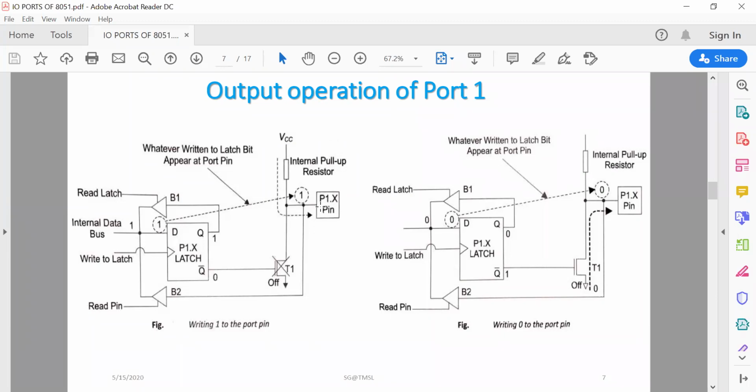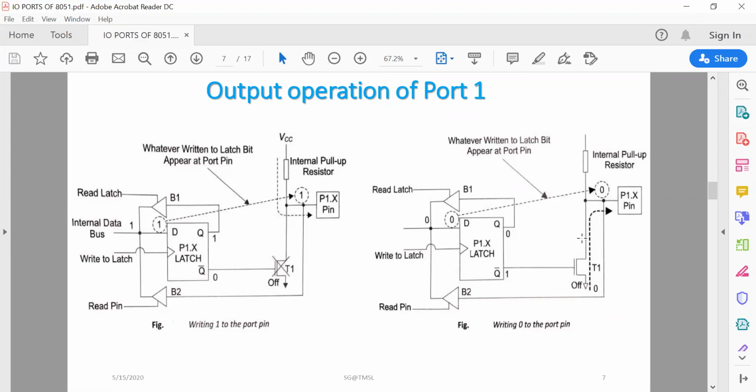Similarly, logic 0 can be written by writing 0 to the port latch. If 0 is written, we get 0 as our output in Q, and Q bar is 1, so it is turned on, and the pin will be connected to the ground, and it will sink the current.